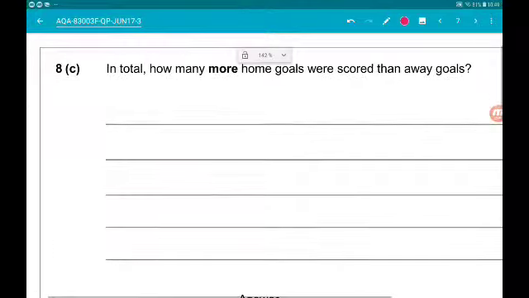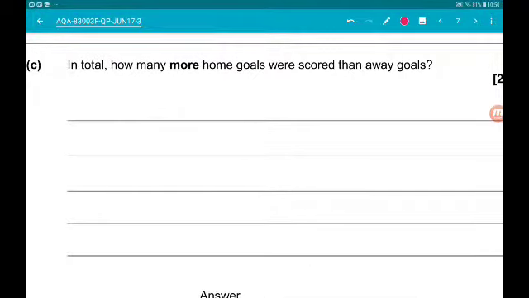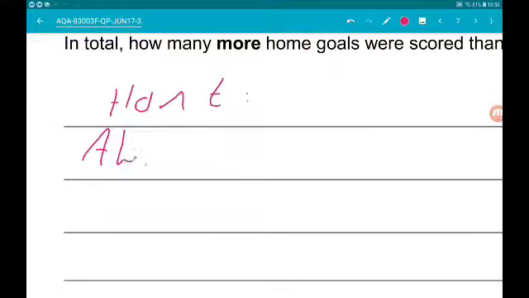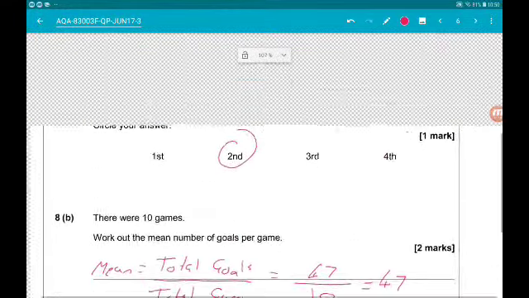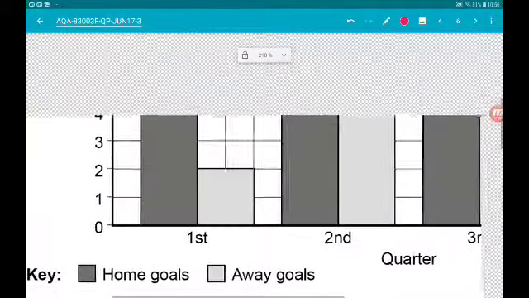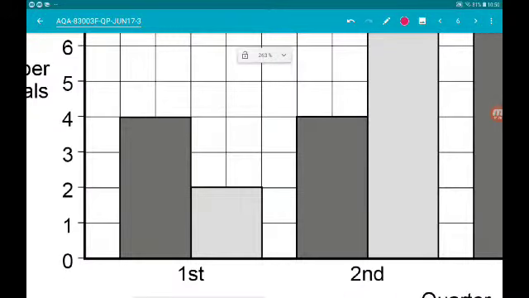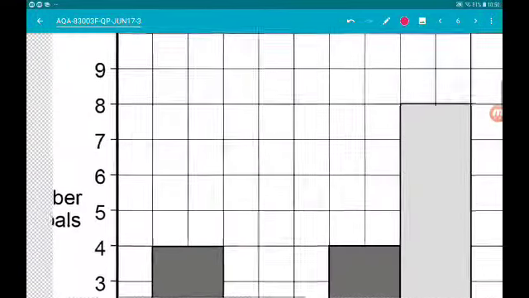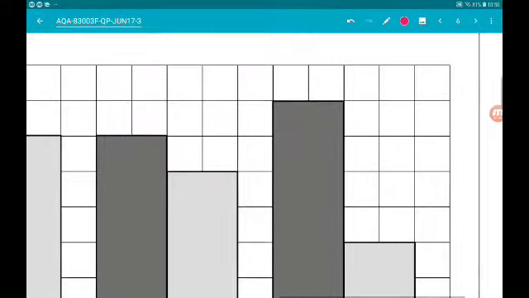Okay, then part C wants to know in total how many more home goals were scored than away goals. Okay, so we need the total home and total away. So home is dark grey, so that's 4 add 4 is 8, add 8 is 16, add 9 is 25.